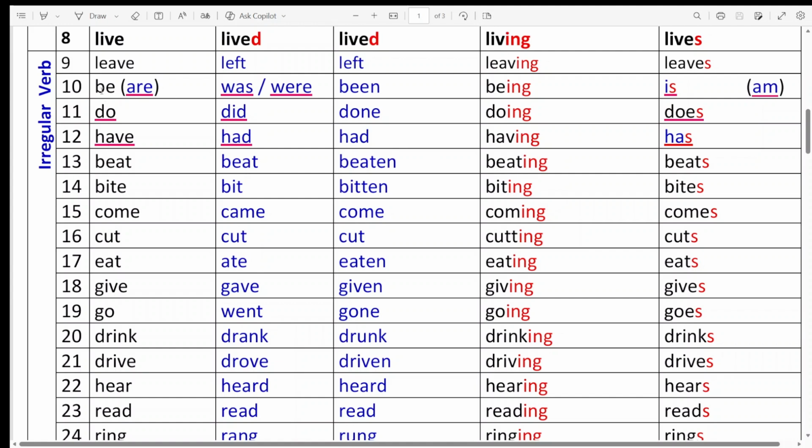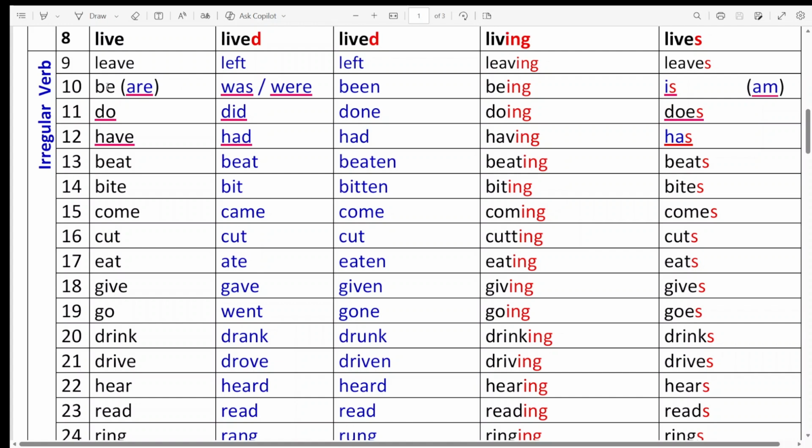Irregular means they don't have any rules. Yes, we have to practice them. Yes, we have to memorize them with our practice. We have to read them again and again until we have command over them.